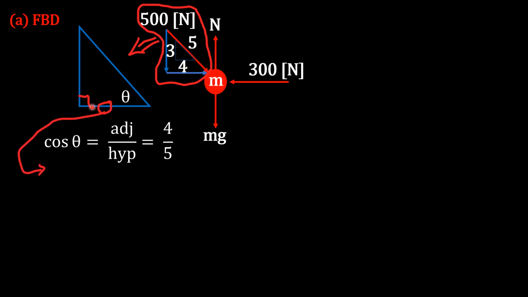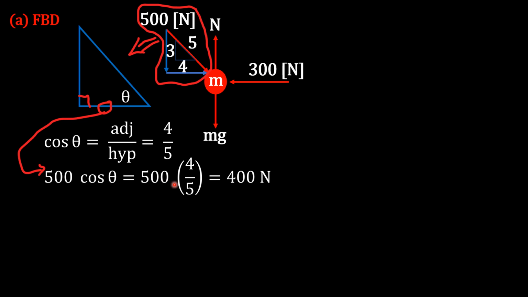So if we want to find the horizontal component value, we will say 500 times cosine theta equals 500 times 4 over 5. Now to find the actual value of the angle theta, you can use the tangent relationship. Tangent is opposite over adjacent.